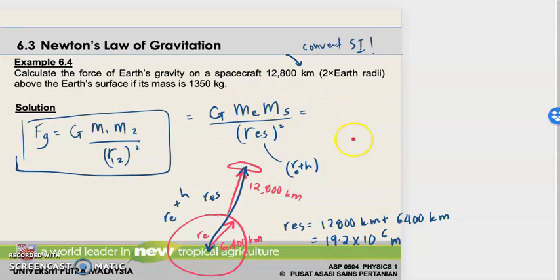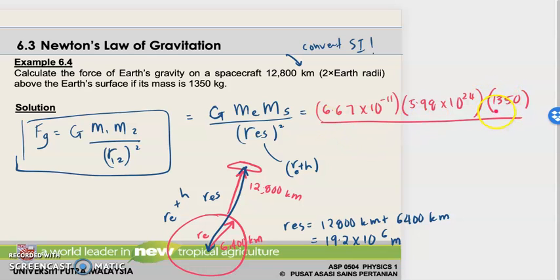Okay, so putting in those values, G is 6.67 times 10 to the minus 11. Mass of Earth is 5.98 times 10 to the 24. You don't have to memorize this. It will be given. And then spacecraft is 1,350 kilogram. It is already in SI unit.